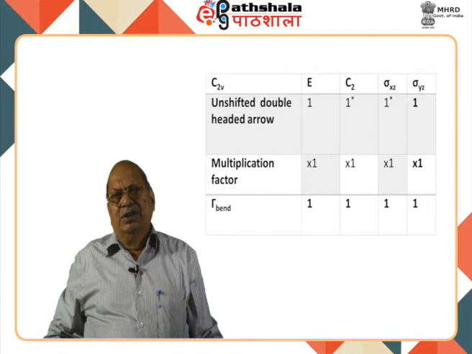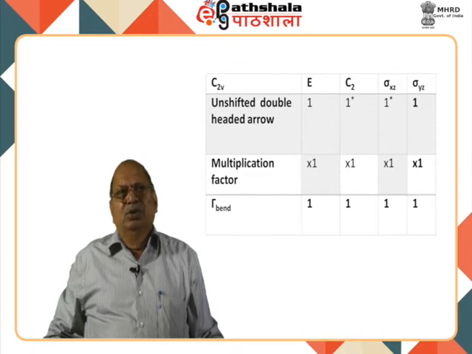Similarly, for sigma xz, because one half of the angle goes into the other half, this also gives me a character of plus 1. And for sigma yz, the bond angle lies in the plane. So, we can say the overall effect of the operations E, C2, sigma xz and sigma yz on this double-headed arrow is 1, 1, 1, 1.